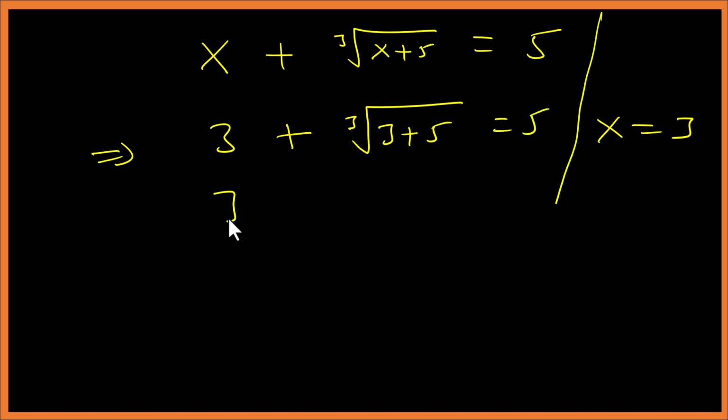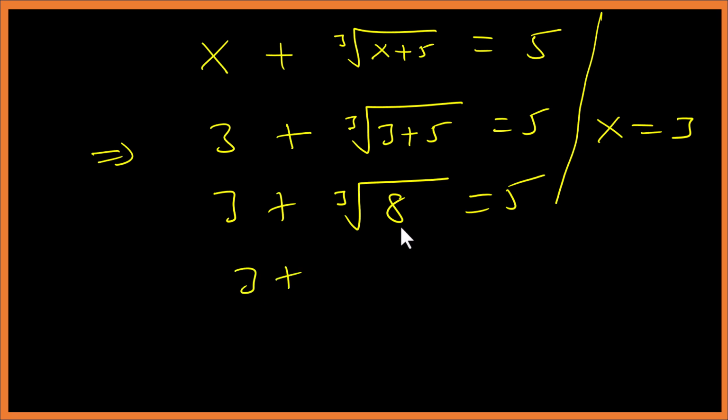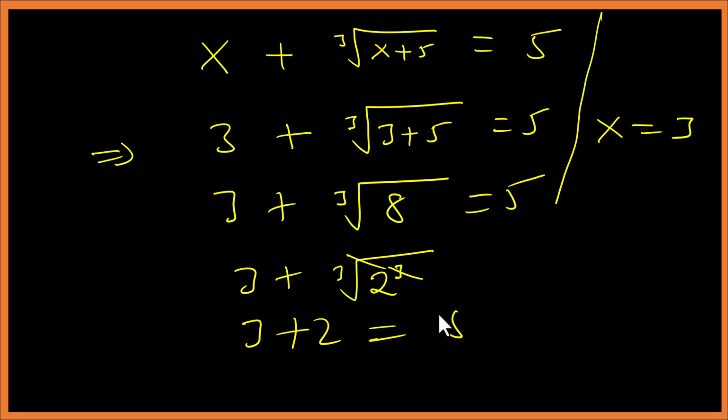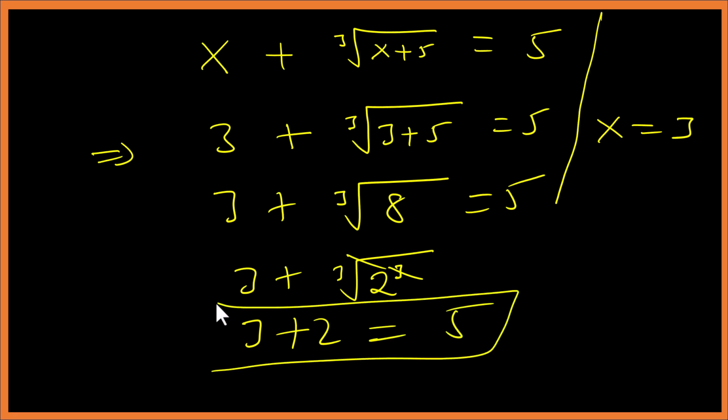So 3 plus cube root of 8. Let's see if this side will give us 5. So we have 3 plus, now 8 is the same as 2 to the power 3, so the cube root will cancel. So we have 3 plus 2, which is the same as 5. So that's correct.